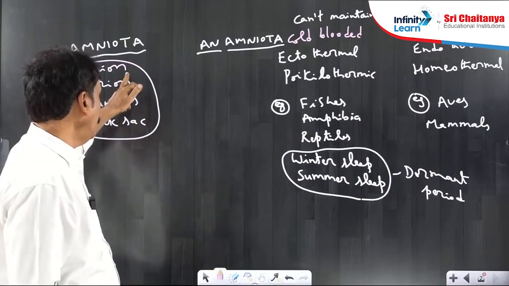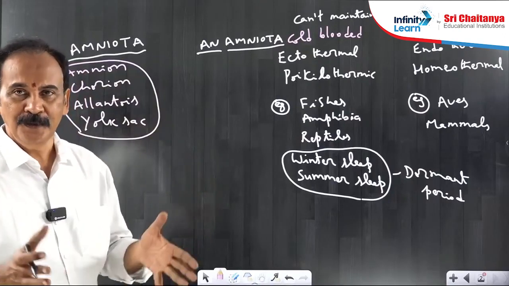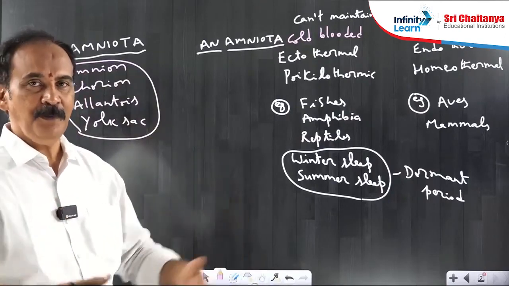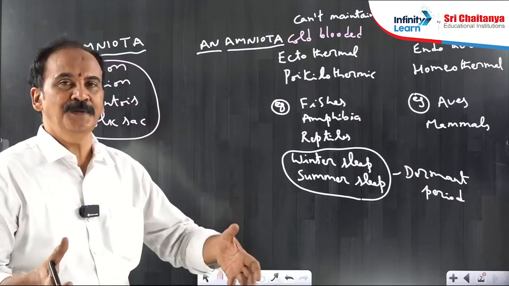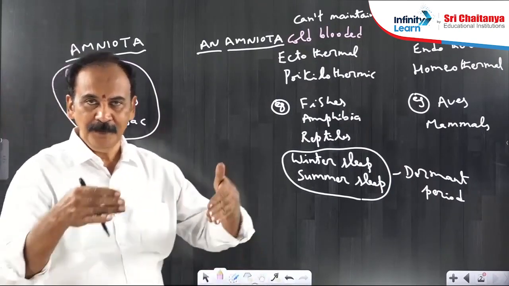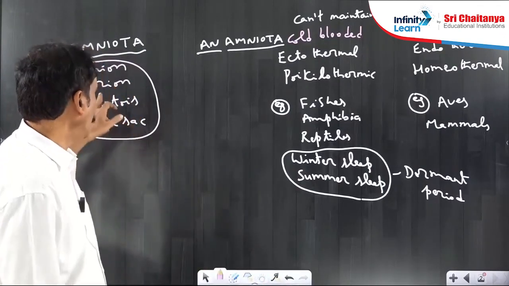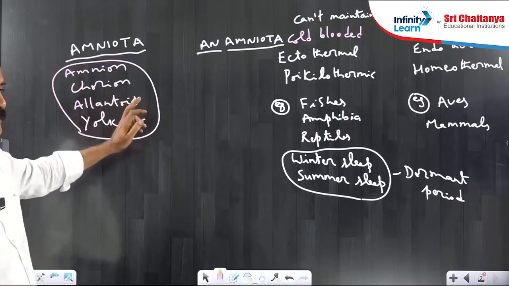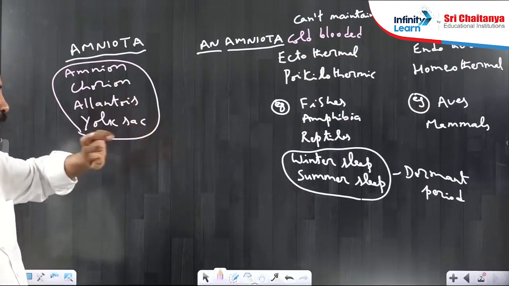Amnion, as you know, is a double-layered structure having a fluid called amniotic fluid that allows the embryos to develop in a liquid medium, so that the embryos are prevented from any desiccation and any abnormality. Chorion, in the human body, along with the allantois will form the placenta.